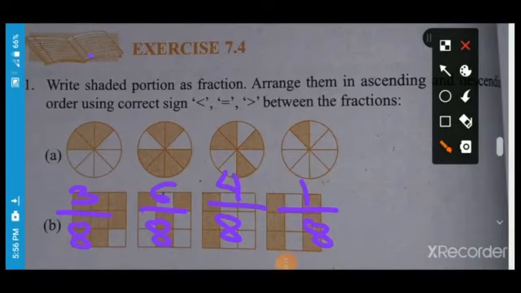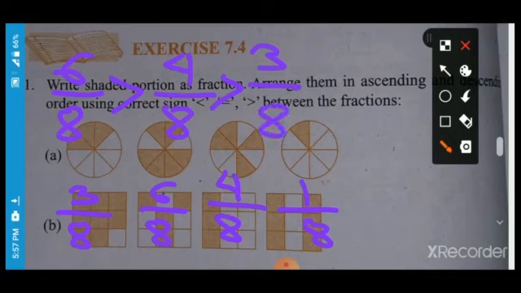First we write 6 upon 8 is greater than 4 upon 8 greater than 3 upon 8 greater than 1 upon 8. This is descending order.